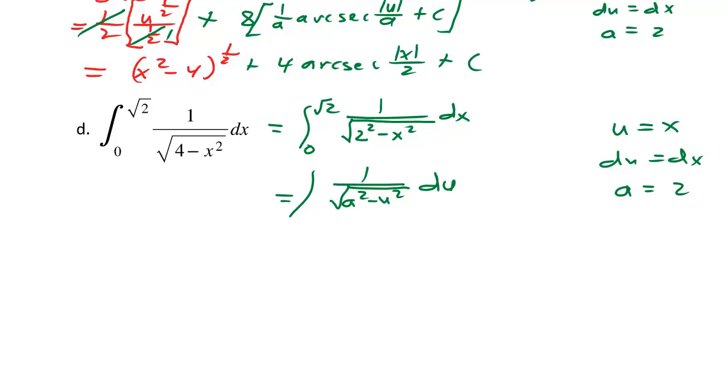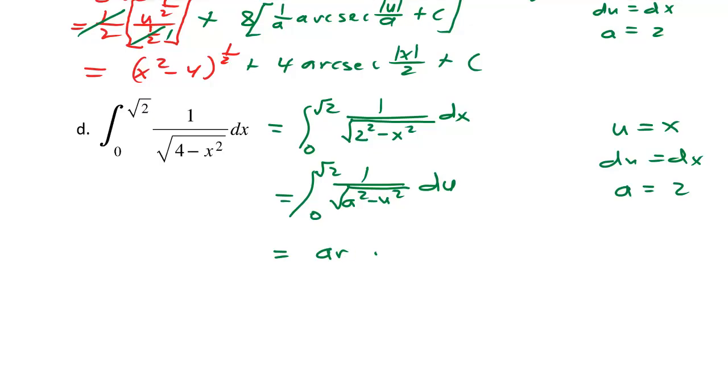All right. Now, since u is equal to x, our limits aren't going to change at all, right? So this is still 0 to root 2. So then we have arcsine, arc. I think I misspelled that.